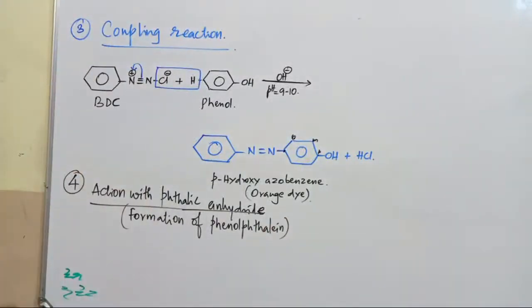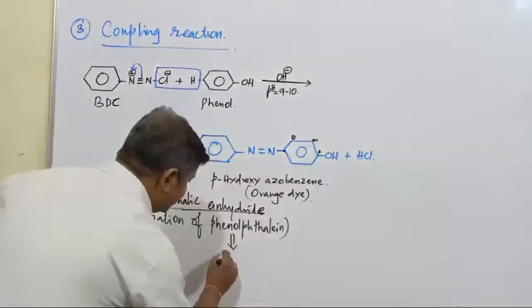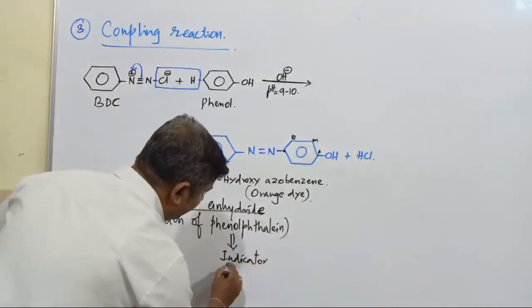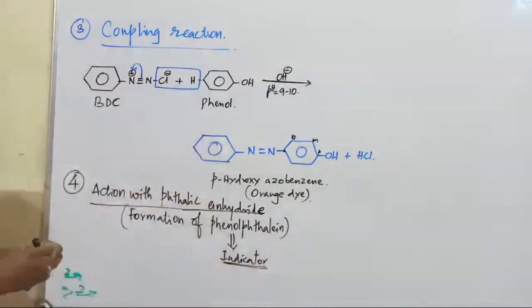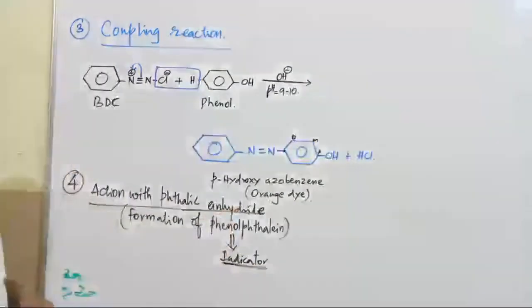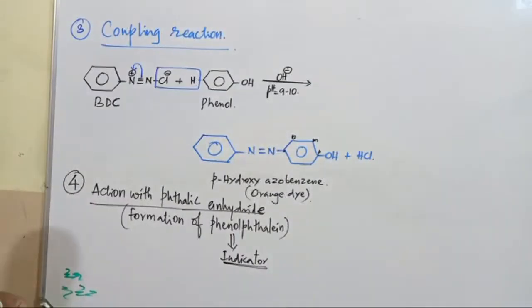I think you have heard about this phenolphthalein compound. It is used as an indicator in acid-base titration, to know the completion of the reaction by changing the color of the solution. So the formation of phenolphthalein takes place by using a phenolic compound.